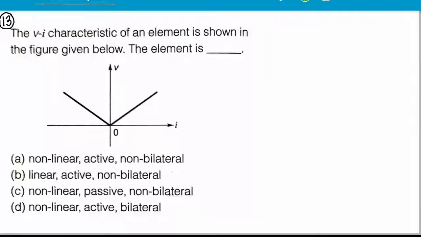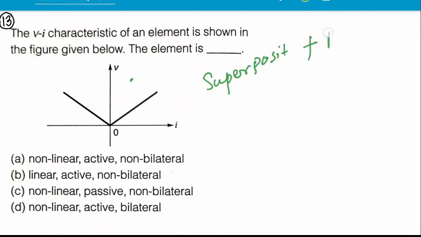Next question, the VI characteristic of an element is shown in the figure below. The element is dash. The VI curve is given like this. If this is linear, then it has to follow the superposition principle, superposition plus homogeneity.